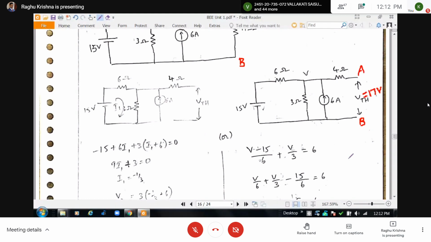So how to find VTH? Here you can apply KCL at this node. Let V be the voltage at this node.